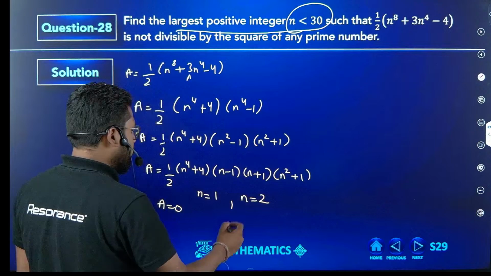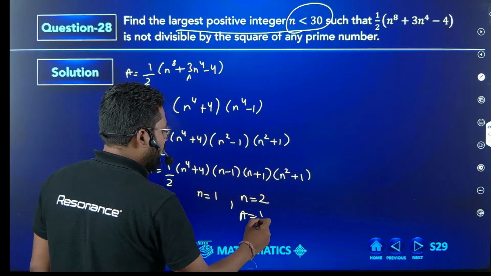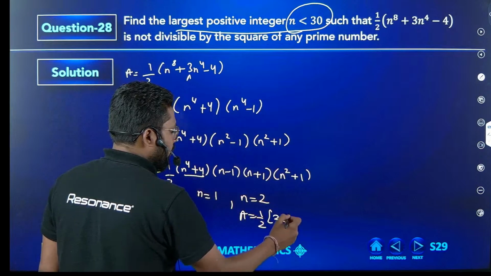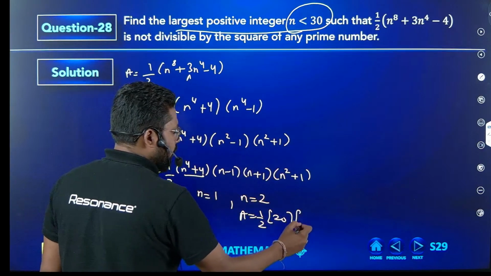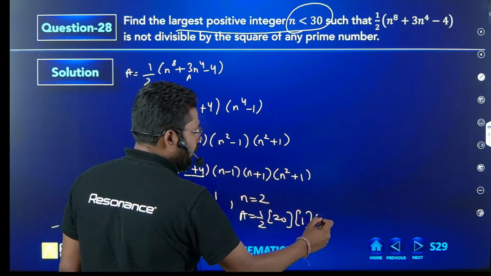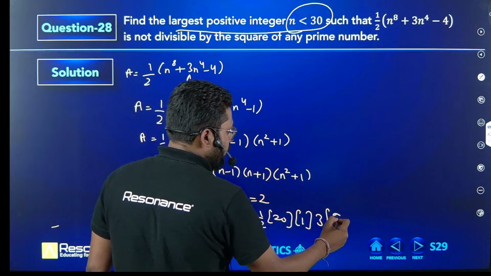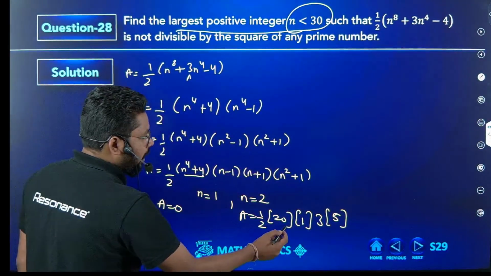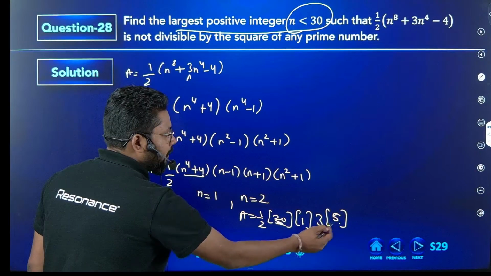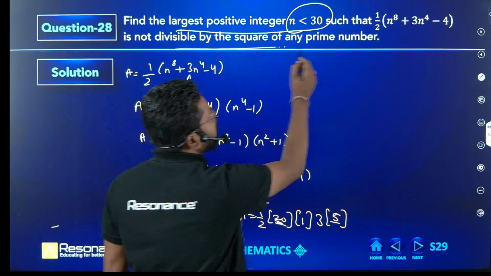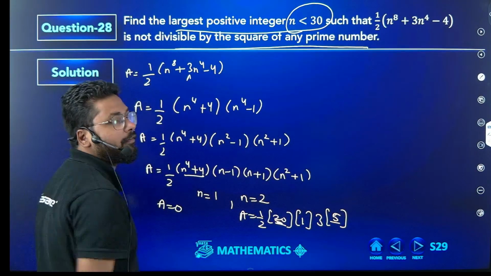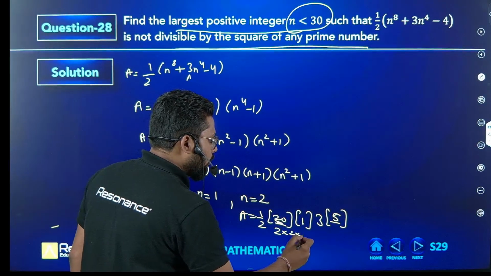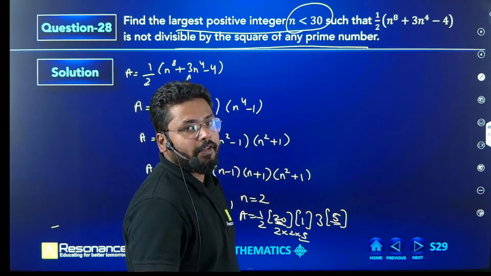It will be half into 2 raised to the power 4, 16 plus 4 is 20, and 2 minus 1 is 1, 2 plus 1 is 3, and 2 square plus 1 is 5. So this is divisible by a prime repeated, because 20 is 2 into 2 into 5, so 5 square we are getting when n is equal to 2. We have to find that it is not divisible by the square of any prime number.